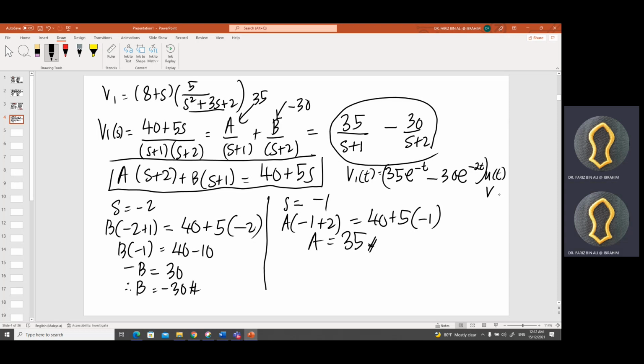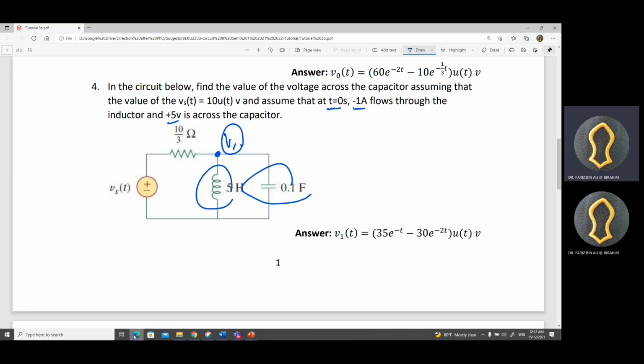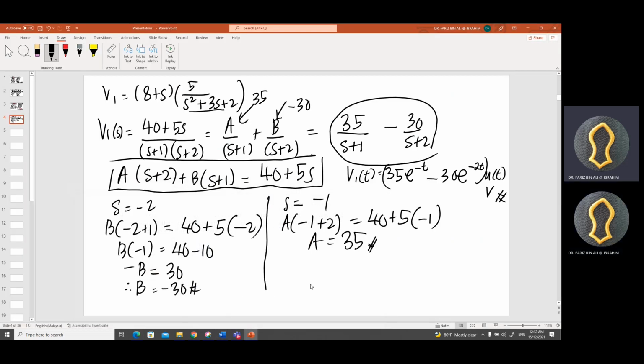Don't forget the unit is volt. All right, so that is the answer. Let's check: 35 exponential minus t minus 30 exponential minus 2t, u(t) volt. All right, so that is the answer.